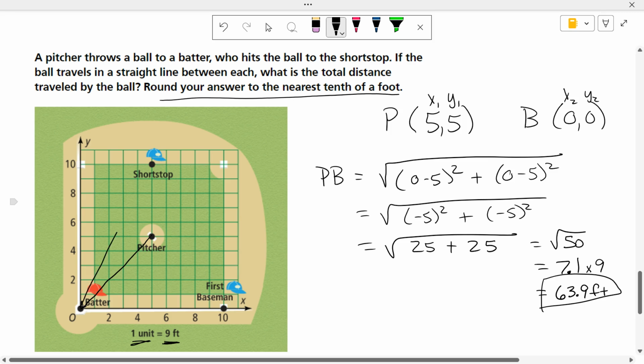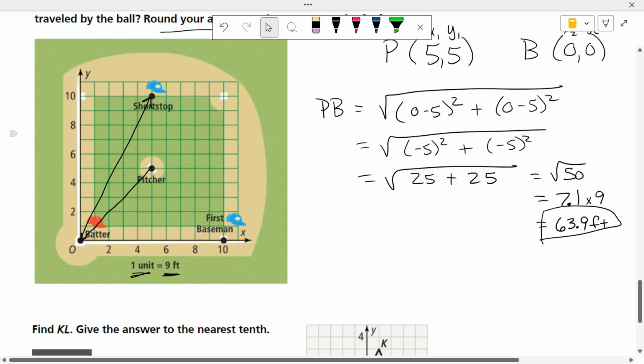Now the batter hit it to the shortstop. So the batter is at 0, 0. The shortstop is at 5, 10. Okay. How far did the baseball travel from the batter to the shortstop?